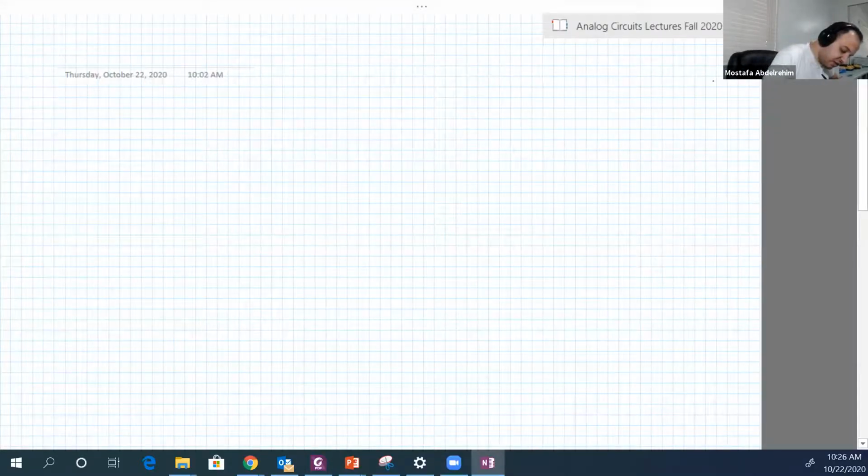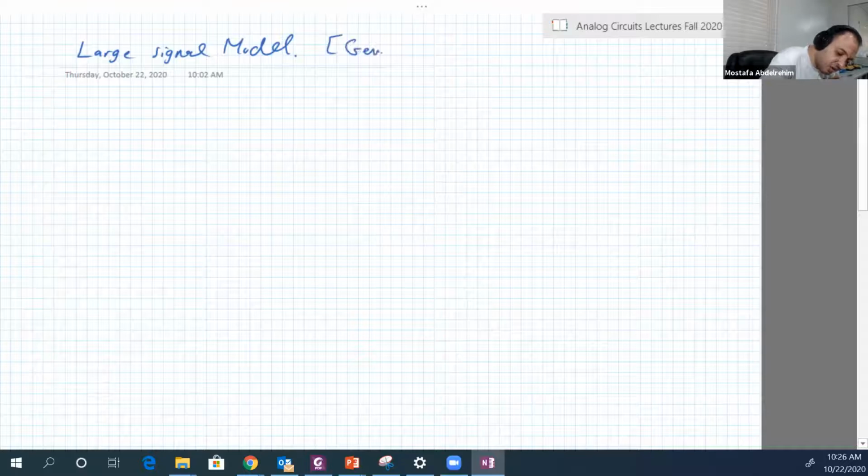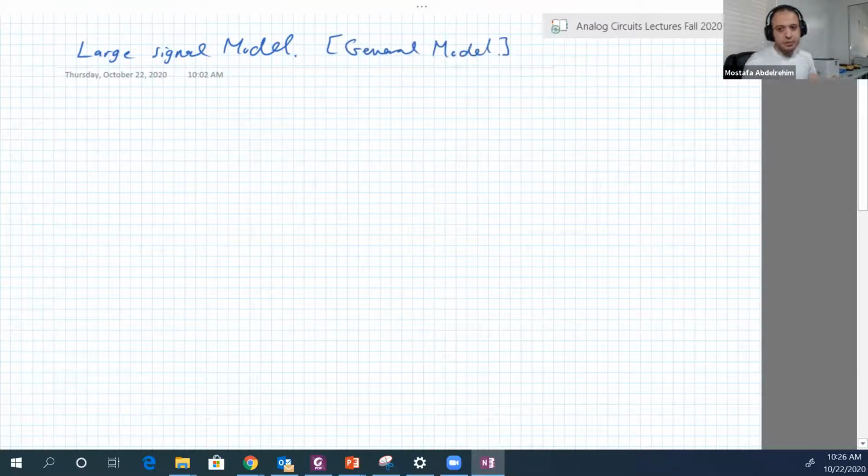This is called the large signal model, and this is the general model of the transistor. It can be used all the time. As we will see in the next lecture, there will be something called the small signal model as well, that is used only if the input is very small.